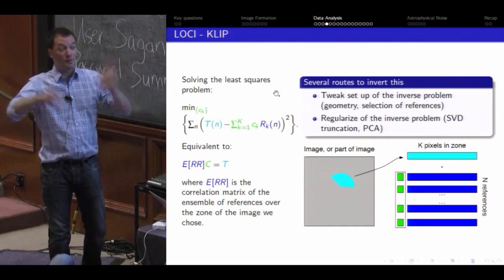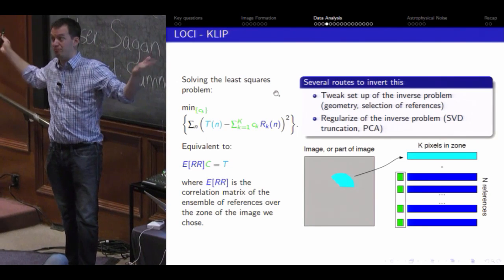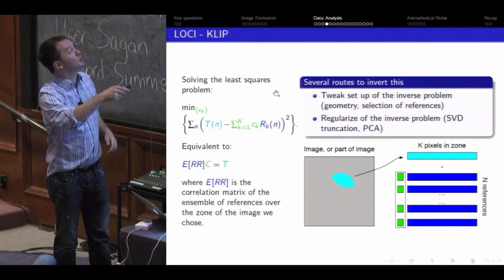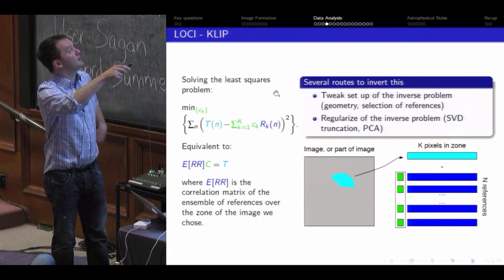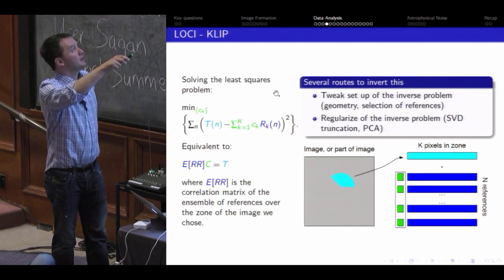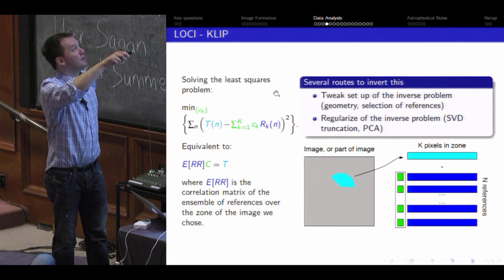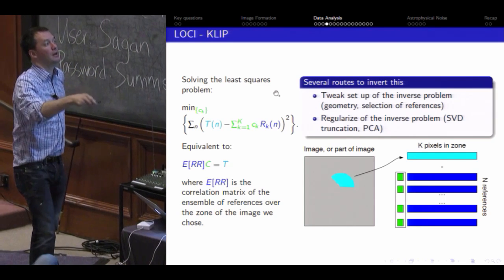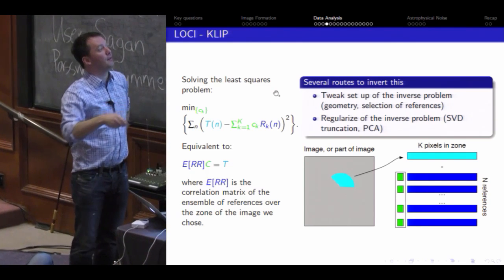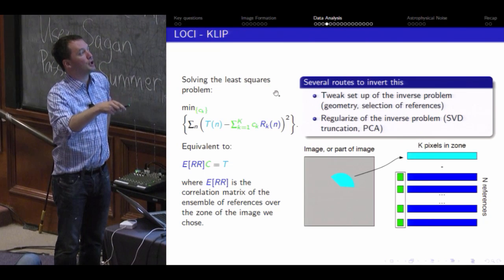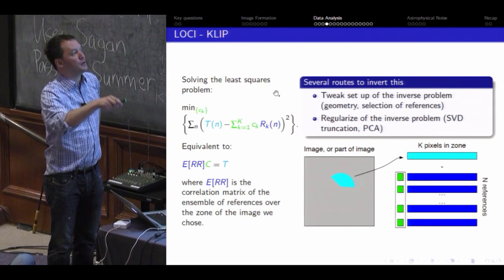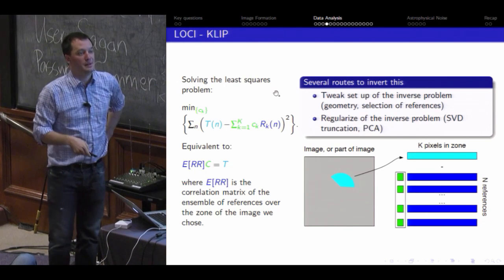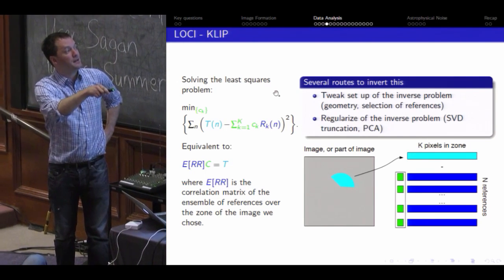Once you have this, you have a big library of noise realizations, and what you're trying to do is take your target image, your science image, and find the linear combination of reference images that best fits it. You can put it in this cartoon form here. You take a chunk of your image, put it in a line vector, and try to find the coefficients of the noise realizations that best fit this science image.